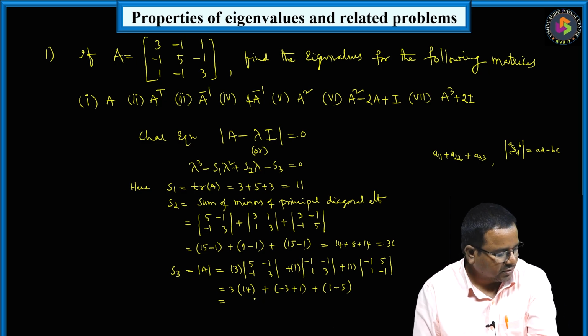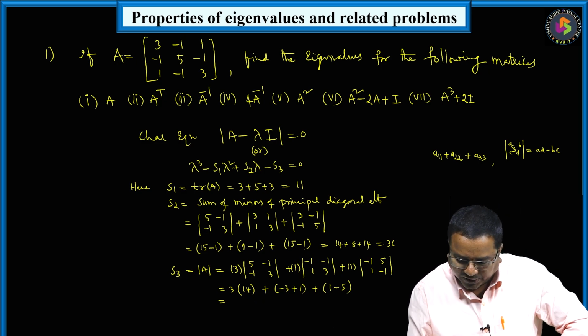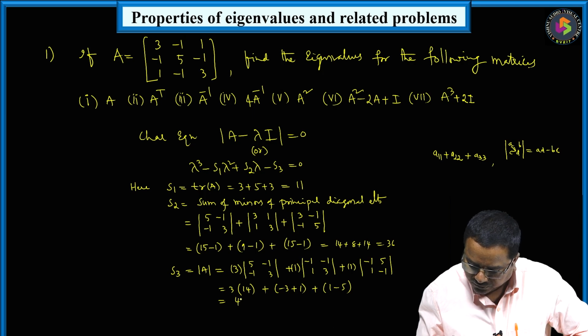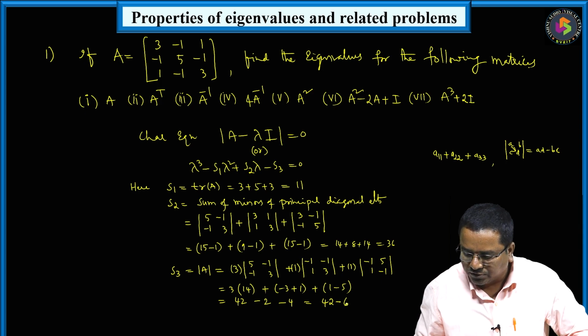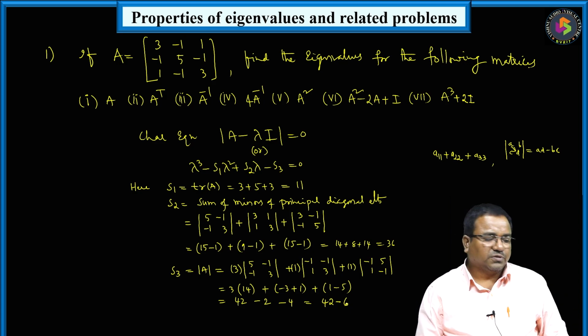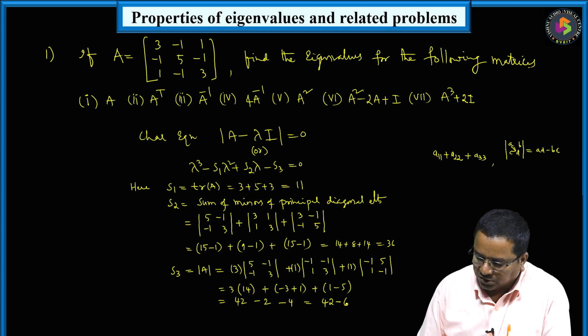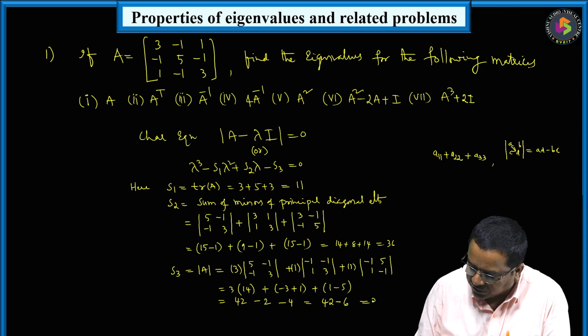The 14, then 14 times 3 is 42. Then minus 2, minus 4. So 42 minus 6, again we get 36, the value of this is 36.